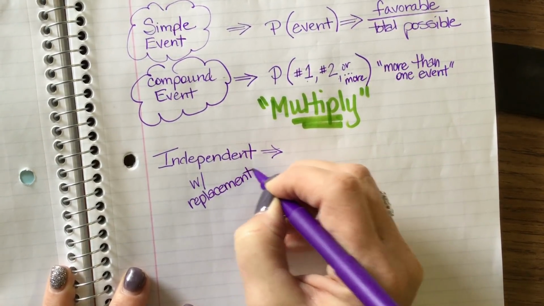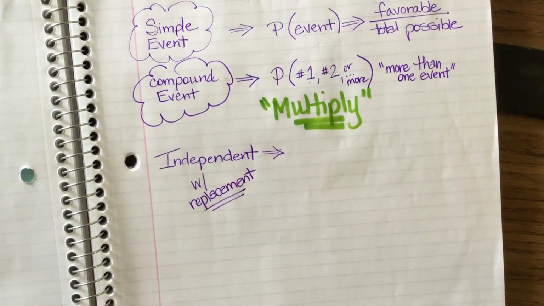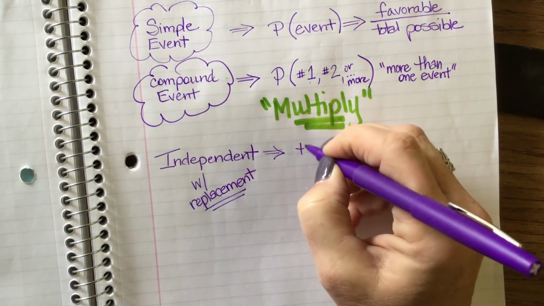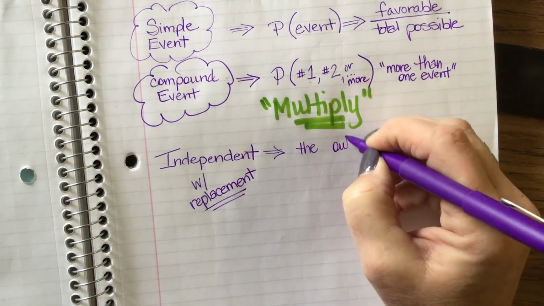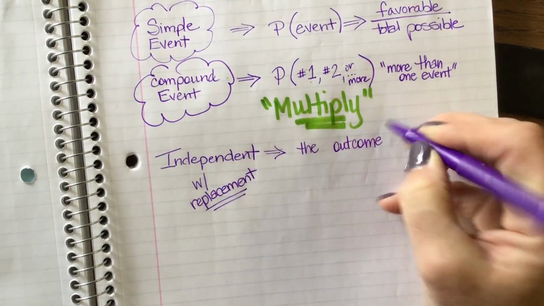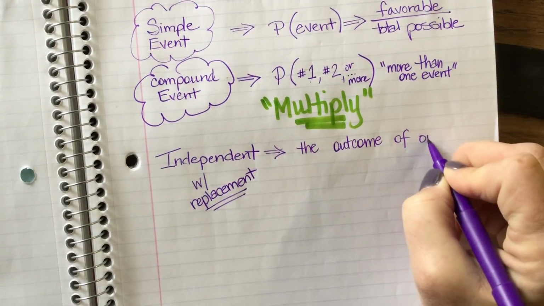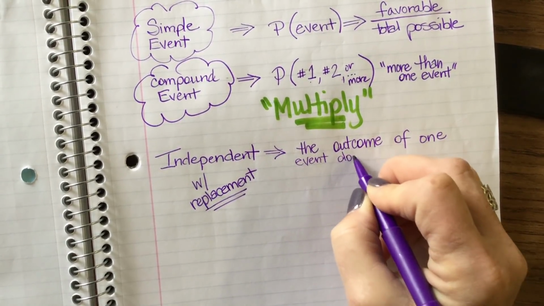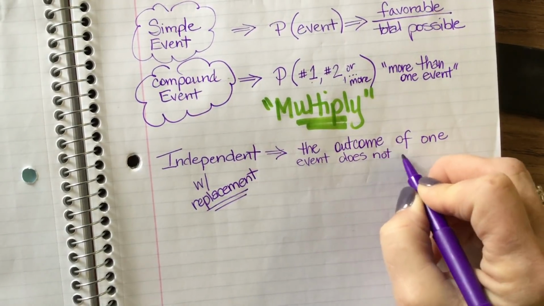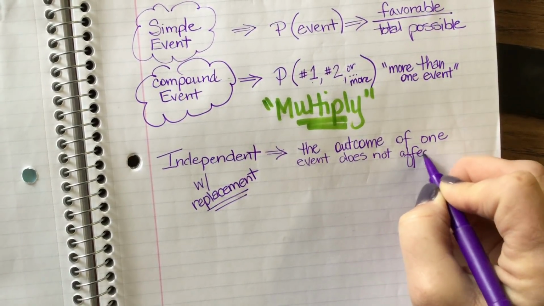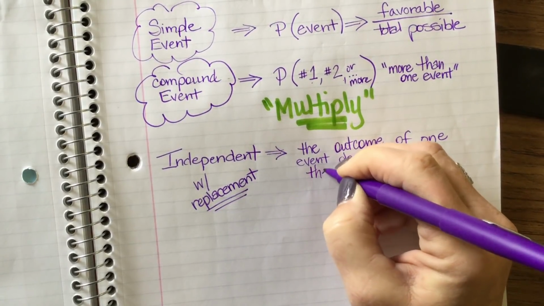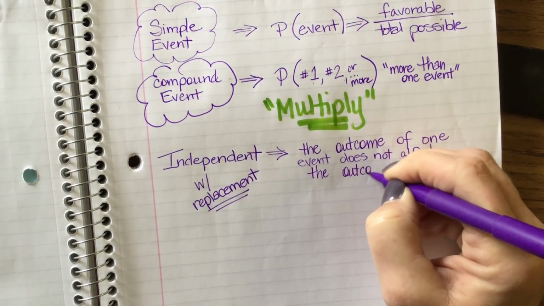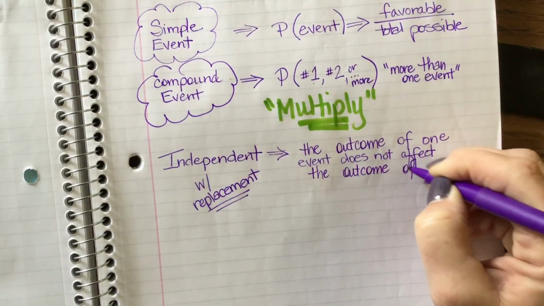Okay? And I'm going to talk about what that means, and you'll understand it, especially after tomorrow. But it's when the outcome of one event does not affect the outcome of another event.